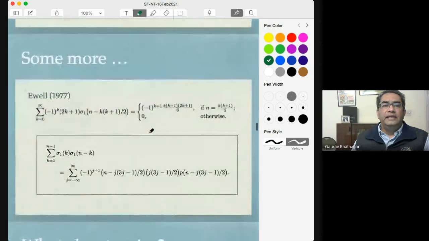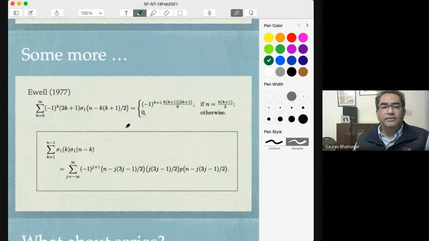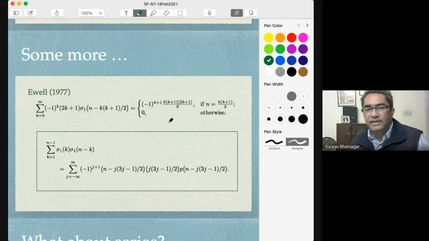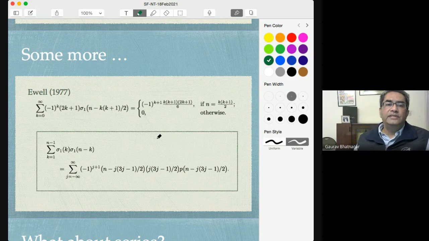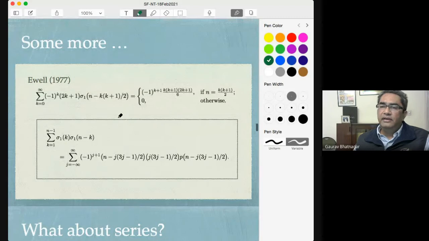So here's an example from Evil, which is much more complicated, but this also fits into our scenario very easily. Our proof is very, very similar to what I've just shown you. Here we use something else, maybe Jacobi's identity, and we get a recurrence relation. So if n is of this form, a triangular number, then there is this non-zero right-hand side. Otherwise, so this is using a theta product that Evil did, and we also did it.